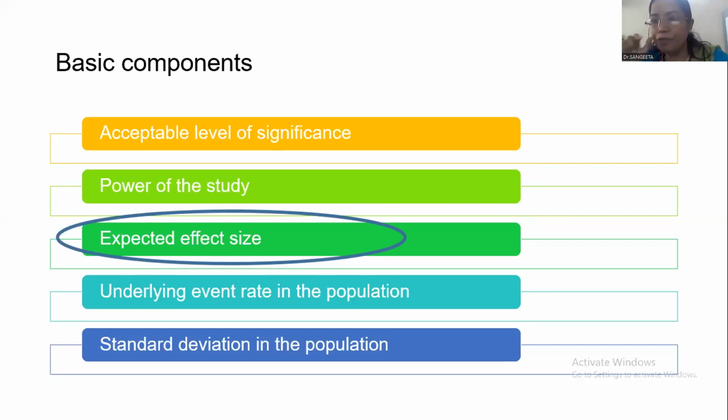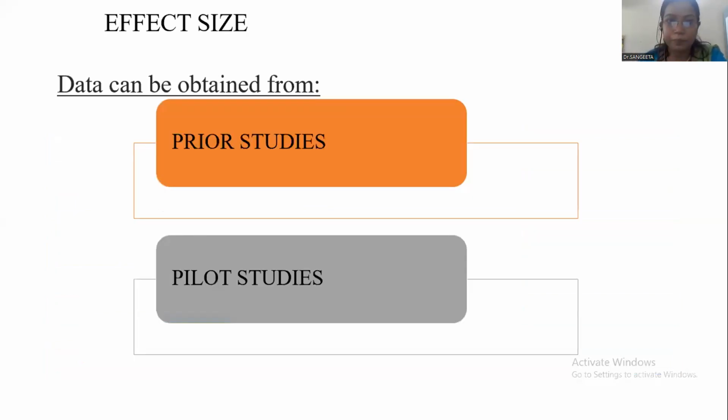It is the difference that we are trying to measure between the two things. That is the effect size. Now, from where do we get this effect size? Through prior studies, which we call a key article, or by conducting a pilot study. You understand that this is the difference that you are expecting or looking for.